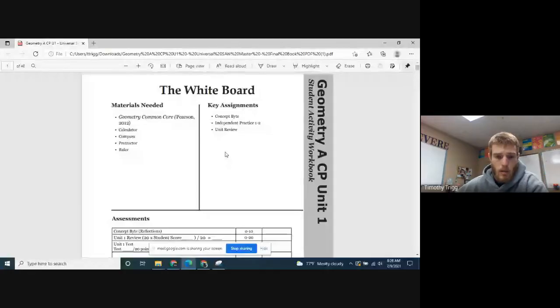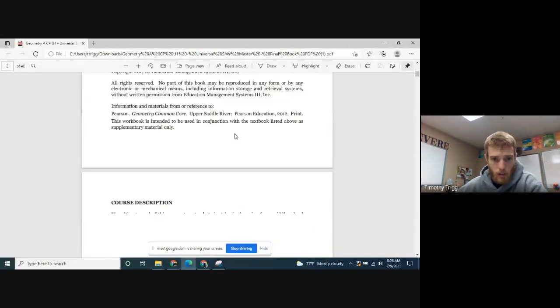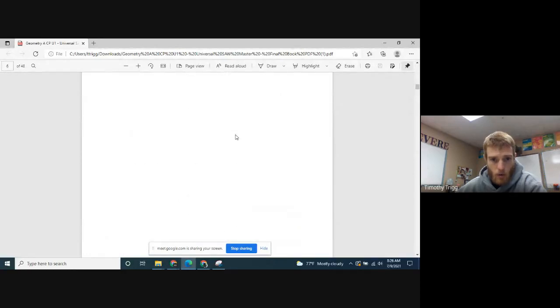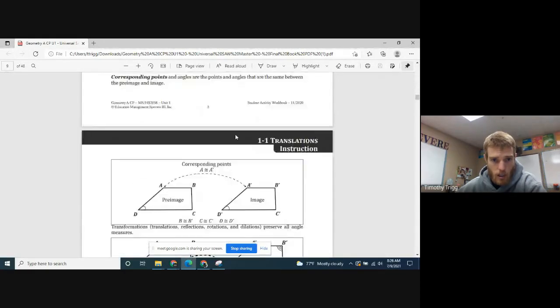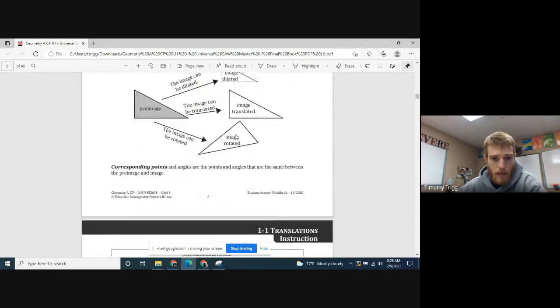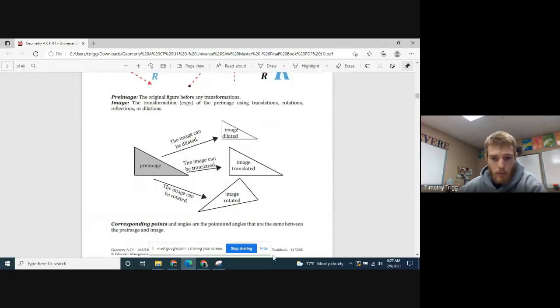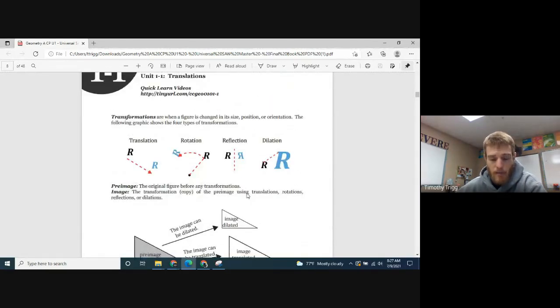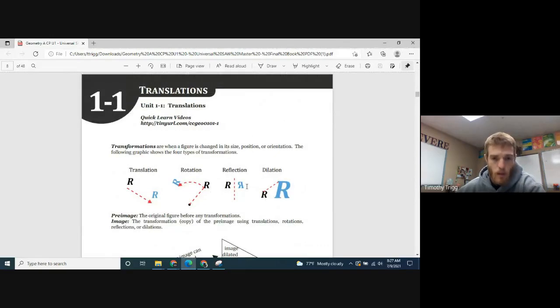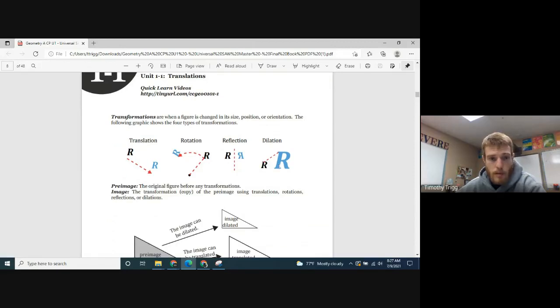So your workbook should look like this, and we can just open up your page, and we'll go down to page 2. So we're going to talk about what's on this page and talk about everything else. So there are 4 different types of transformations.